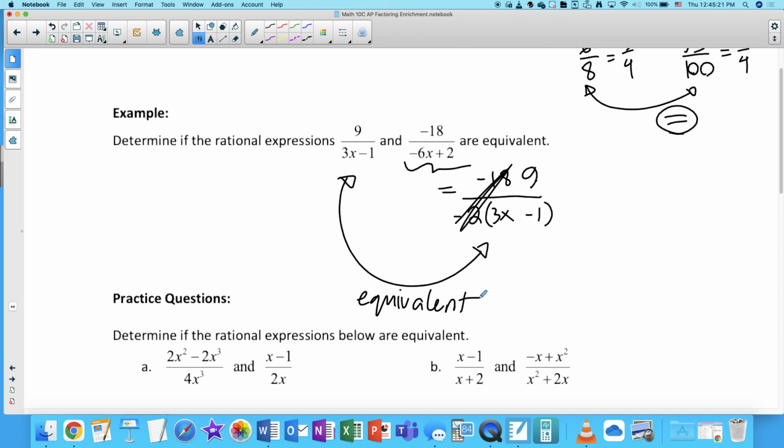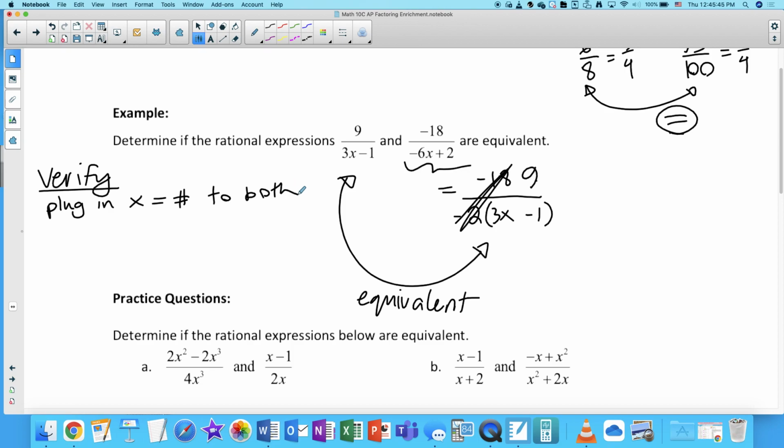For this one, it's not that important because the second one was pretty simple to simplify. But if you're unsure, then you can plug in x equals a number, whatever it is, to both.